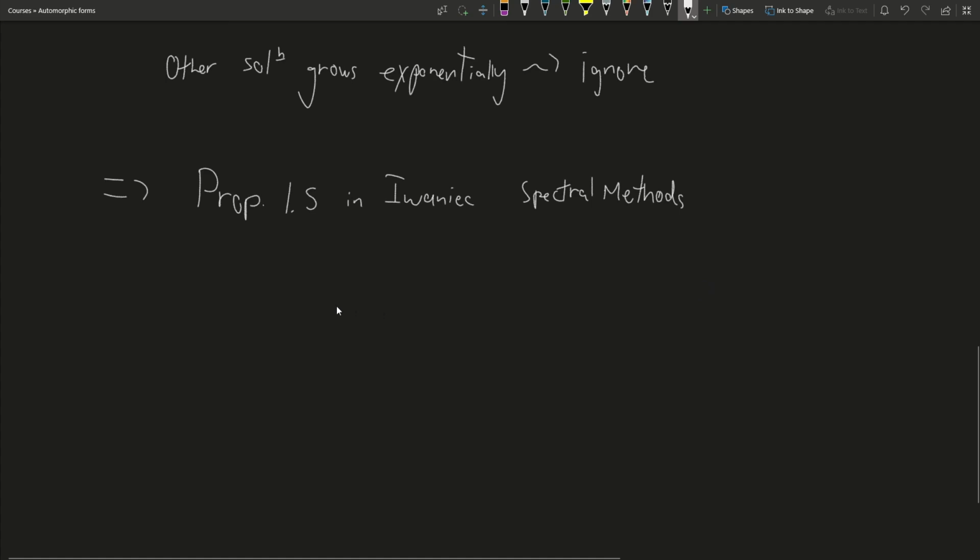The proposition says that if f, let me write it this way.